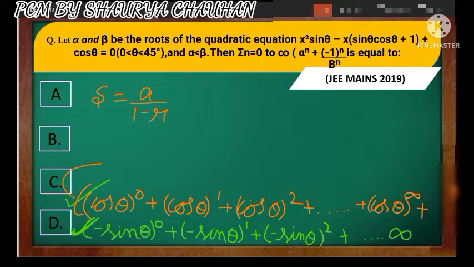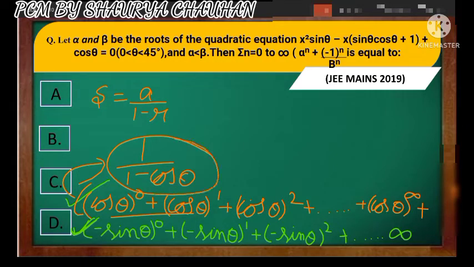So what will be its sum? Its sum will be cos theta power 0, which is 1, upon 1 minus cos theta upon 1, which is cos theta. So its sum is 1 upon 1 minus cos theta, and the sum of this one will be minus sin theta power 0, which is also 1, upon 1 minus minus sin theta, so 1 plus sin theta.